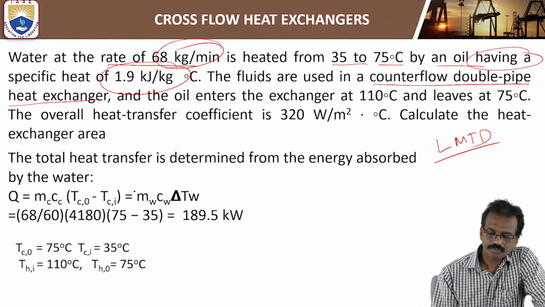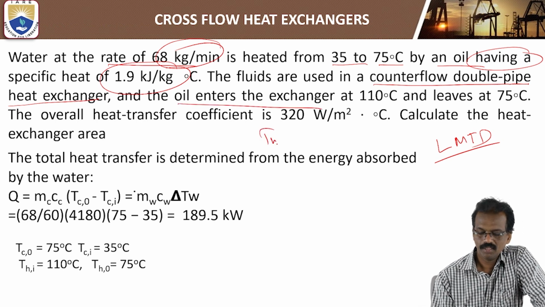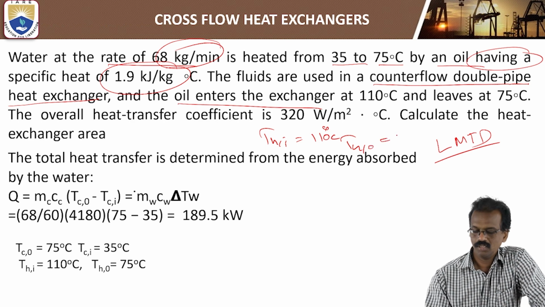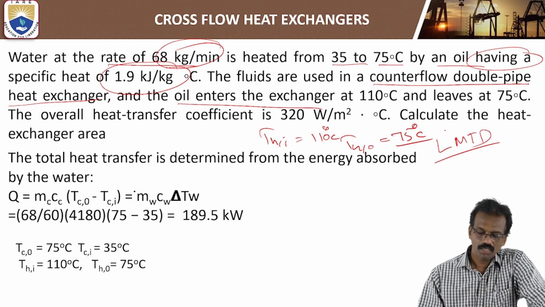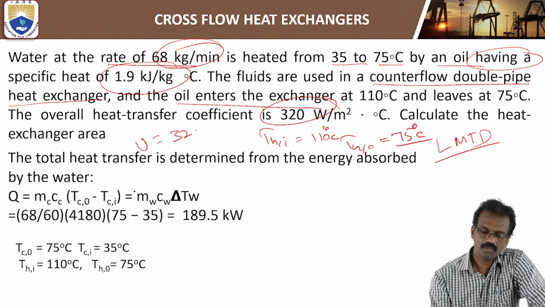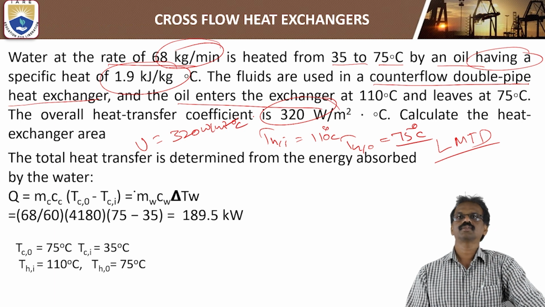The hot fluid temperatures are given: THI is 110 degrees Celsius and THO, the hot fluid leaving temperature, is 75 degrees Celsius. The overall heat transfer coefficient is also given, U is 320 watt per meter square Kelvin or degree Celsius.